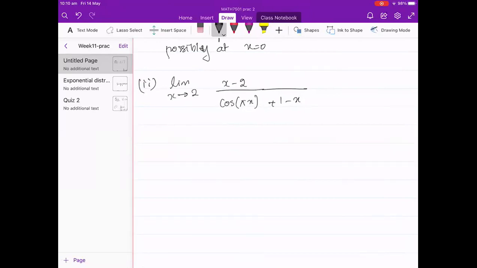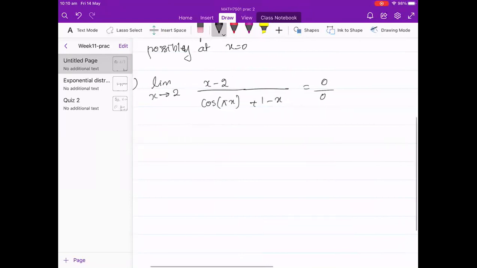As x approaches 2, that's a 0 over 0 case. What do you do now? What's that process called? Yep, L'Hopital's rule.